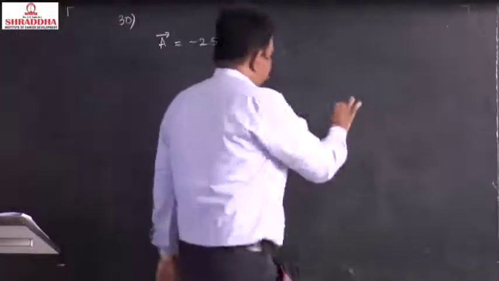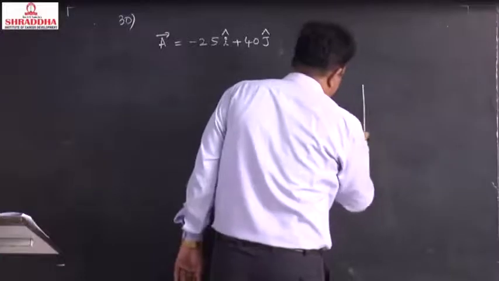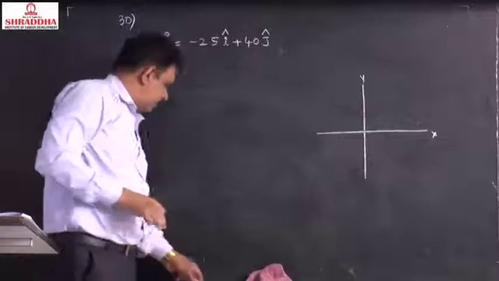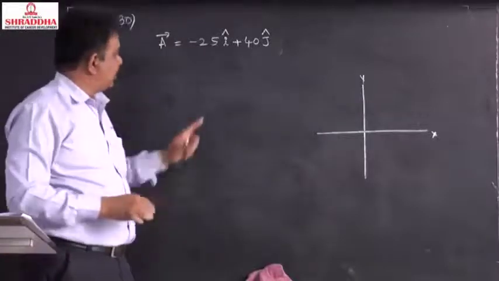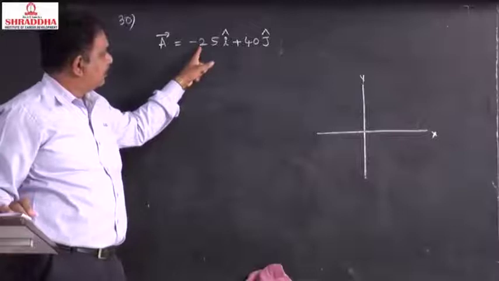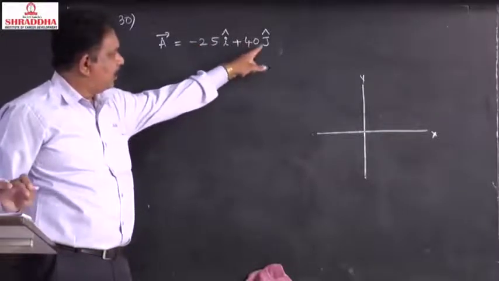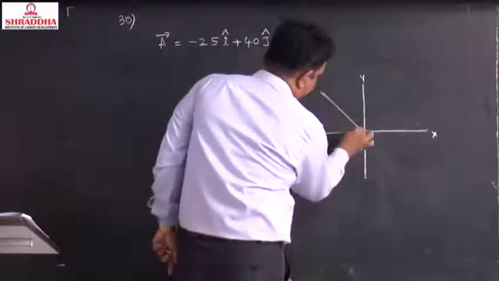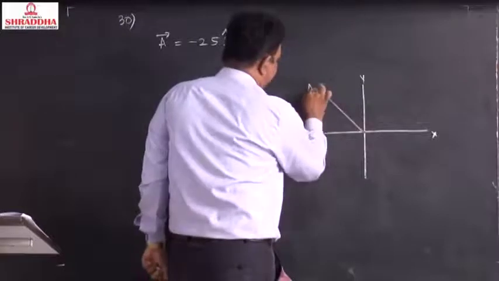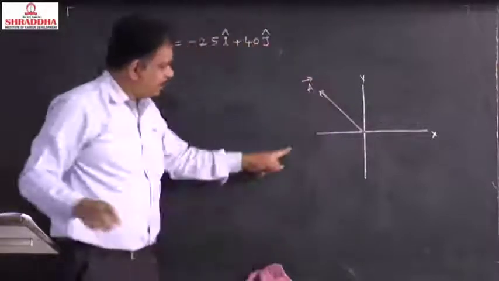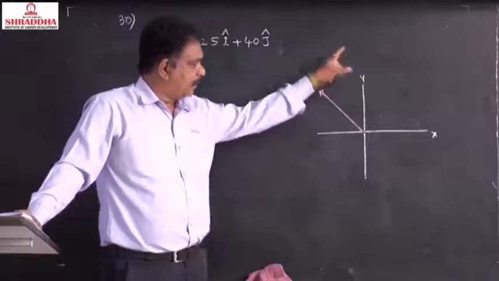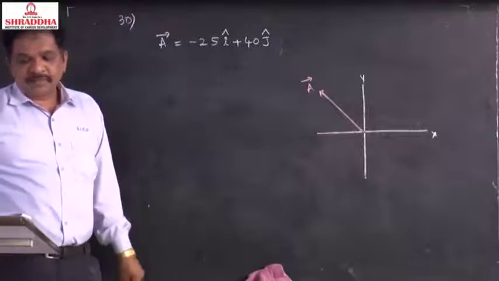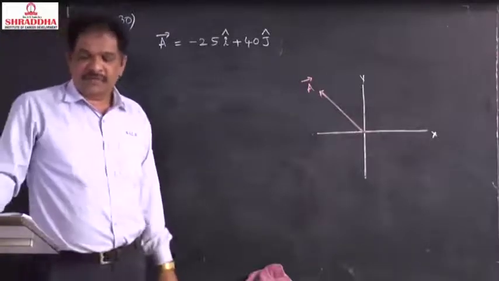Okay, we will represent this vector in coordinate system. This is x, this is y. Then how the vector will be there here? X component will be minus, y will be plus, means vector is like this. This is that vector. Here what will happen? X will be minus, y will be plus. Okay? And next, what is the magnitude of that vector?